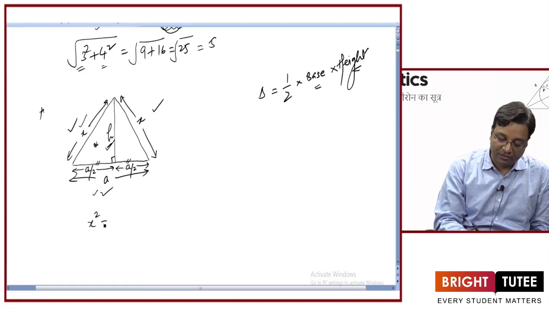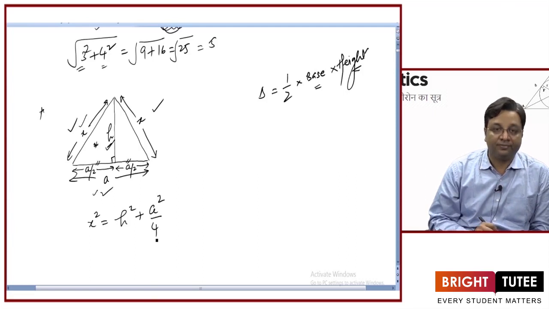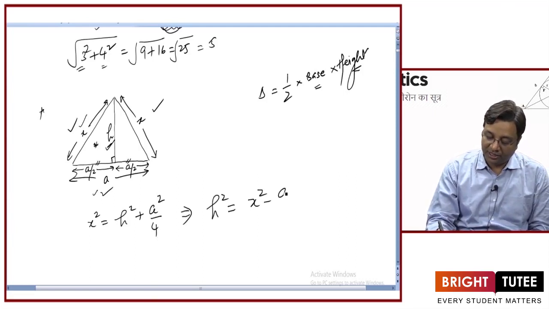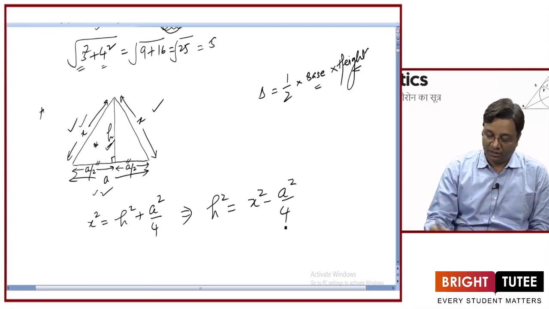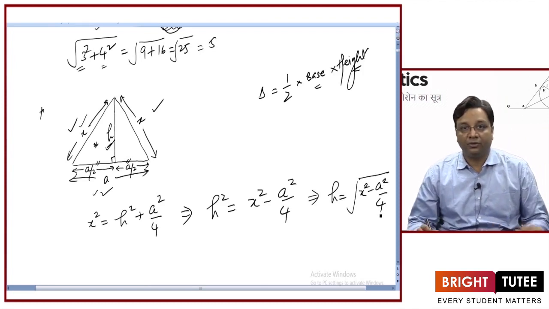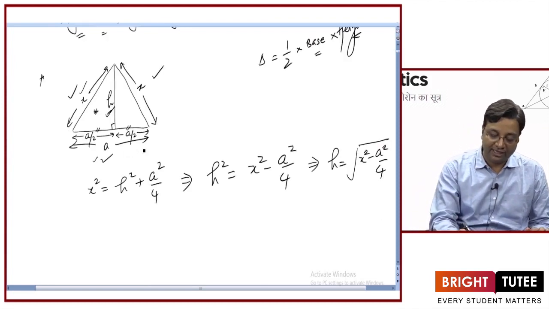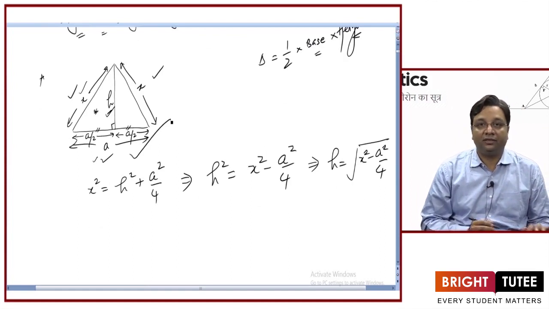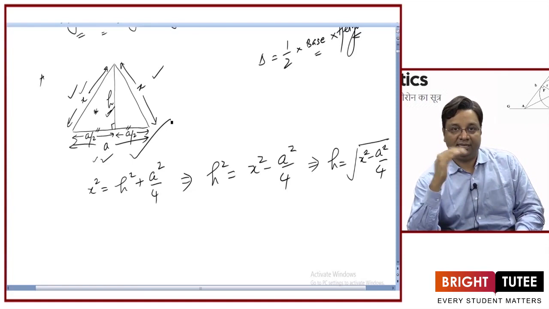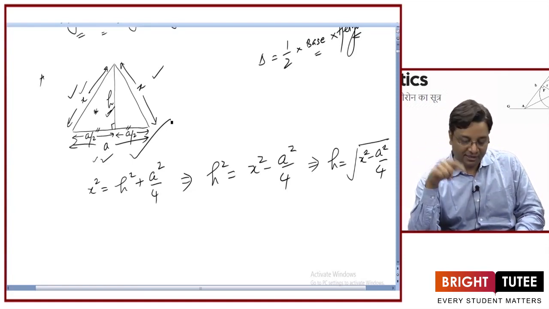So it will give me x square equals h square plus a square by 4. So I can say h square is equal to x square minus a square by 4. Hence h is equal to square root of x square minus a square by 4. So what is the area of this isosceles triangle, where I have given you only the equal sides as x and the base as a?